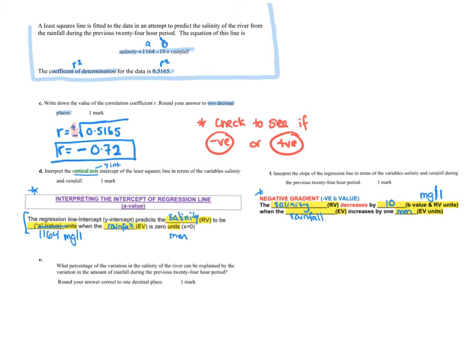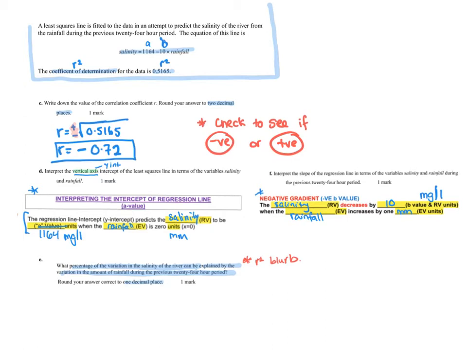So the next question, what percentage of variation in salinity can be explained by the variation in rainfall? So hopefully this is triggering you that this is the R squared blurb. So they're asking you for R squared as a percentage. So we got it up there. Now just double check.